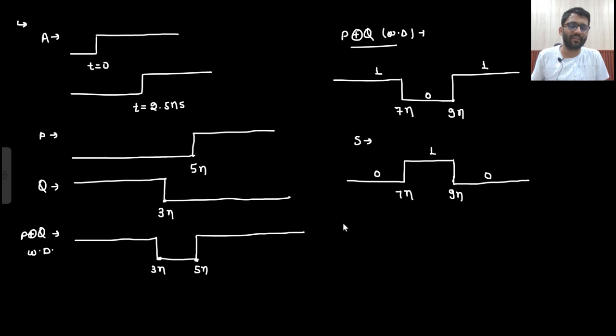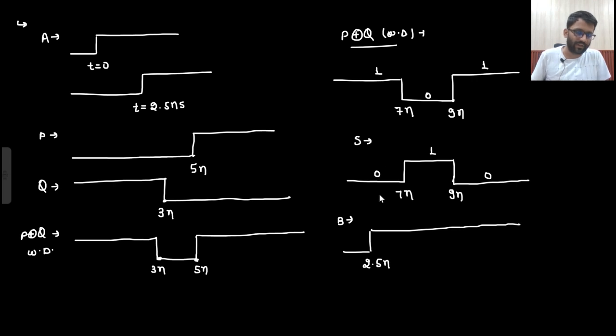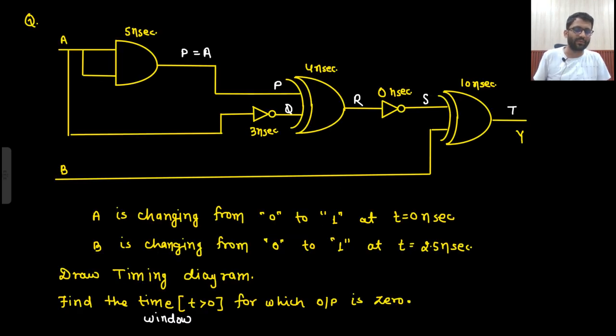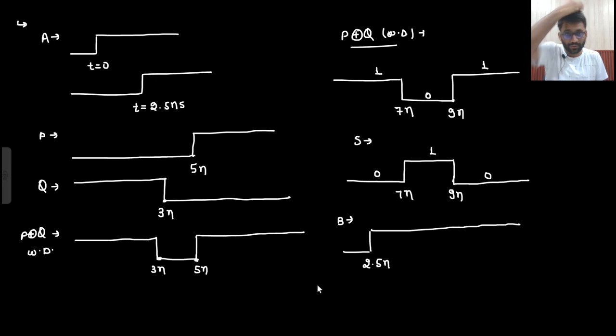What was my B? B is starting from 2.5 nano, and it is going like this. So I need to XOR these two. S XOR B, that would be 0 XOR 0, 0. 0 XOR 1 will be 1.